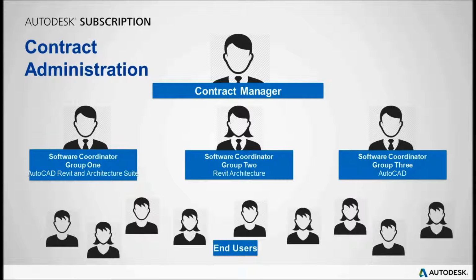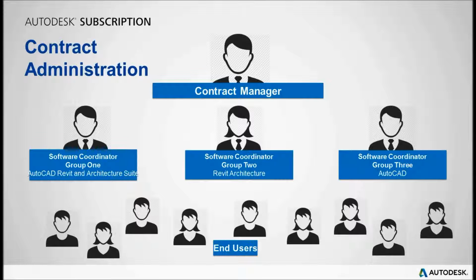So if you've got a number of different products, then you can assign coordinators who have access rights to delegate use of those products through to end users. And that is the last layer we've got at the bottom, where end users are the main people who are using the software day in, day out.